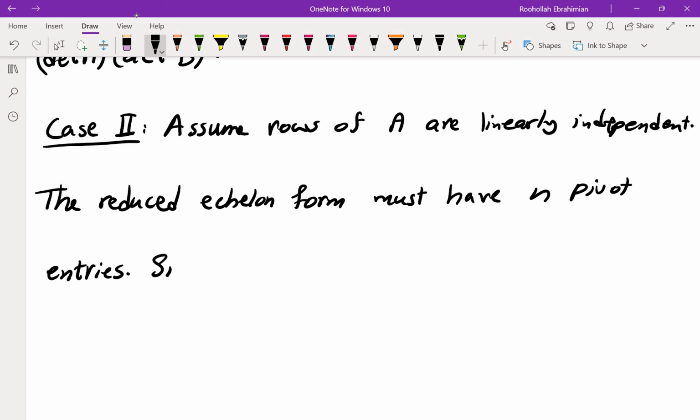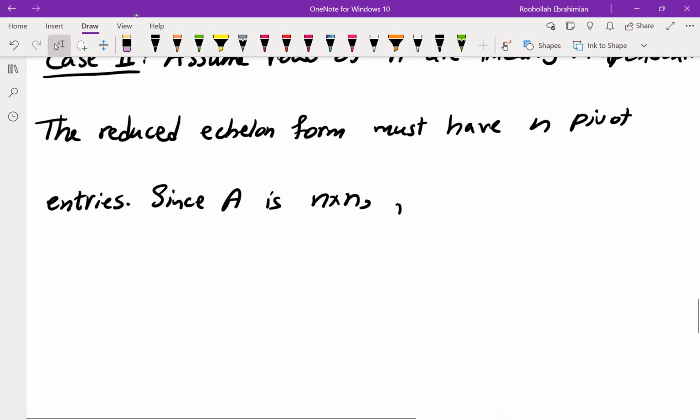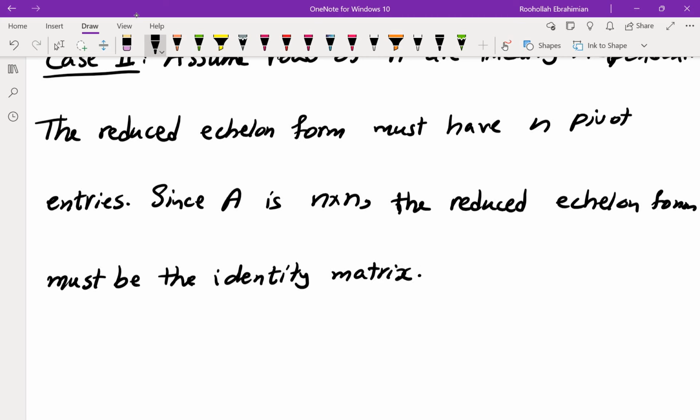Now, since A is n by n, there's only one such reduced echelon form, and it will have to be the identity matrix. The reduced echelon form must be the identity matrix.